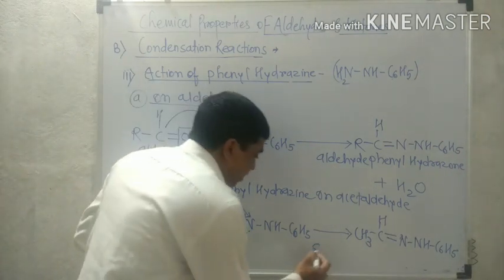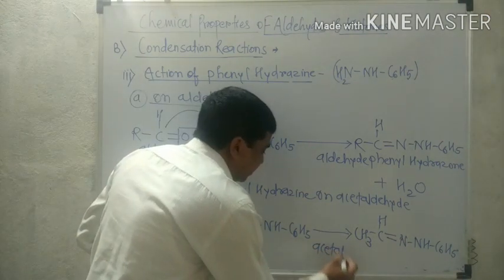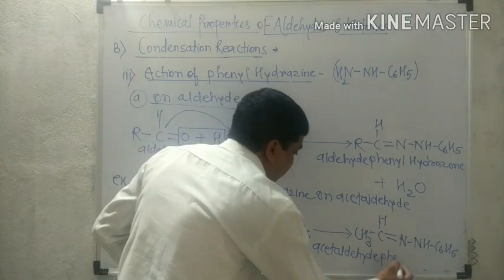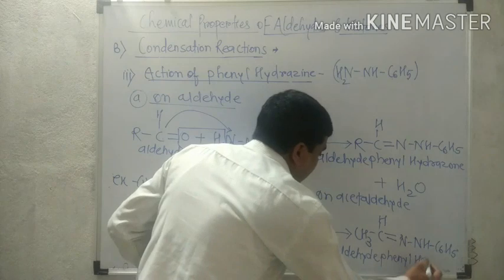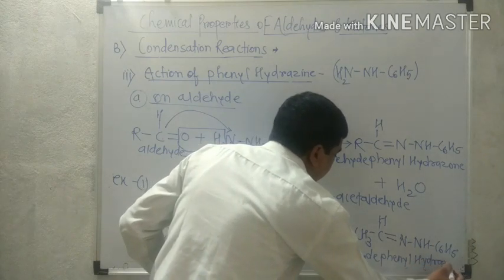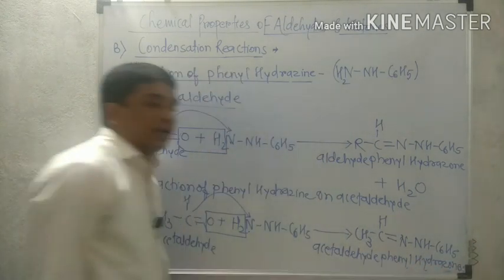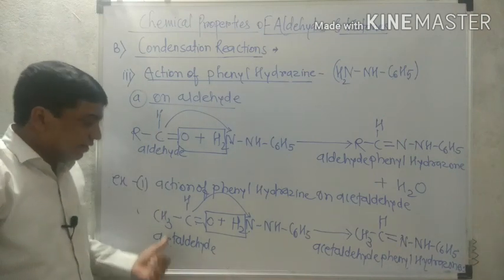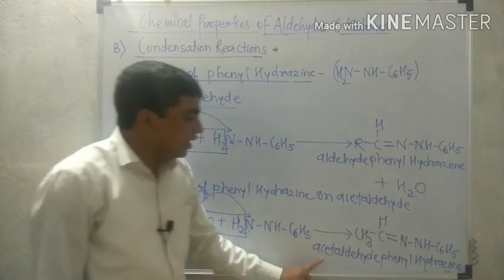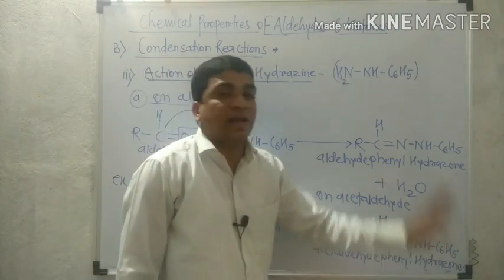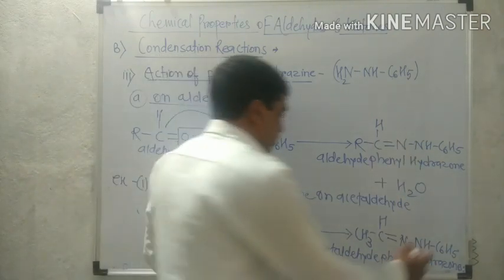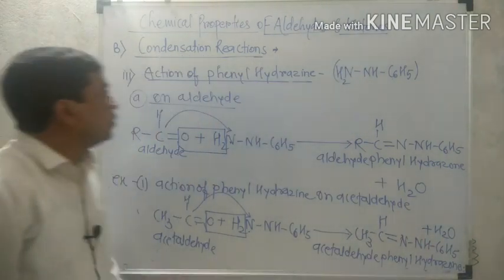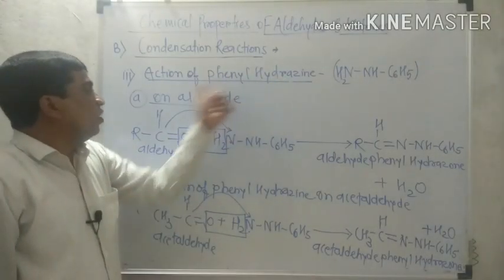Therefore it is called acetaldehyde phenylhydrazone. Aldehyde gives aldehyde phenylhydrazone, so acetaldehyde gives acetaldehyde phenylhydrazone with byproduct water. That is the action of phenylhydrazine on aldehyde.